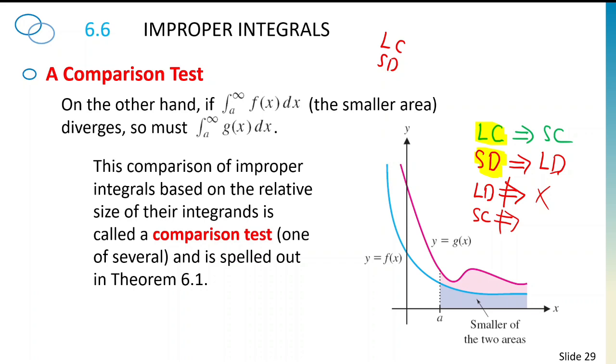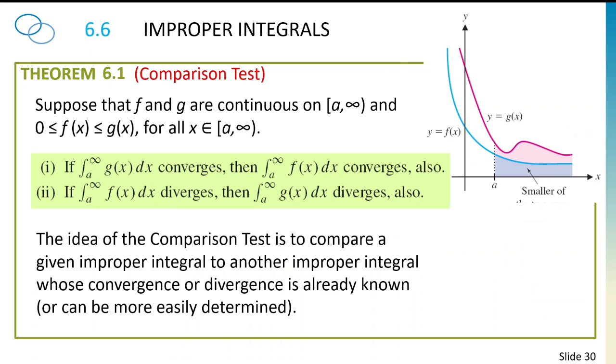Now, this is an introduction for the coming theorem, which is this one. So this is basically what we've said. If I have f less than g and both of them are positive, then if the larger one, g of x, is convergent, then the smaller one converges. If the smaller one is divergent, then the larger one is divergent. So basically this theorem says just what I included already in the previous slide.